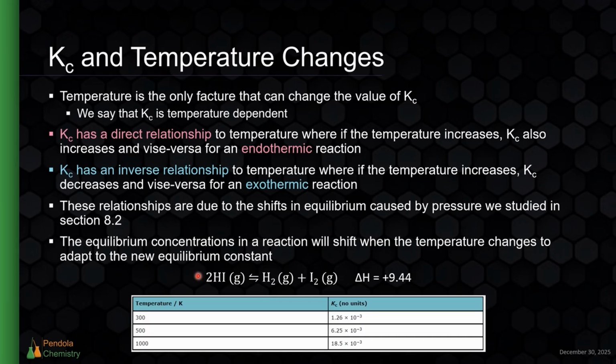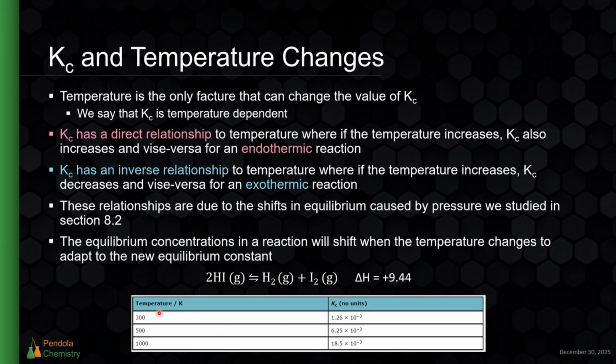So, for example, if we look at the reaction that we've been working with in the whole video, and we flip it, we have 2HI yielding H2 and I2. This reaction, as it's written here, has a positive enthalpy change, which means it is endothermic, so Kc and temperature are going to have a direct relationship. And we can see that in the data here.